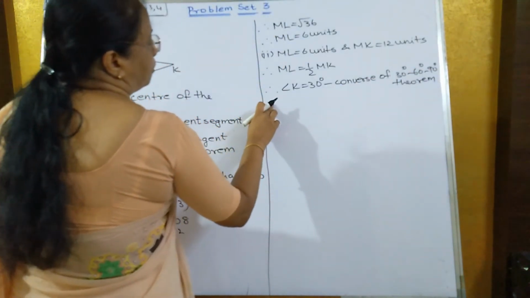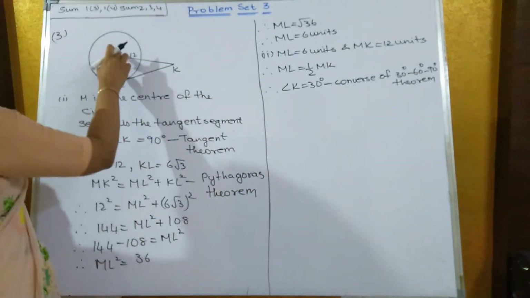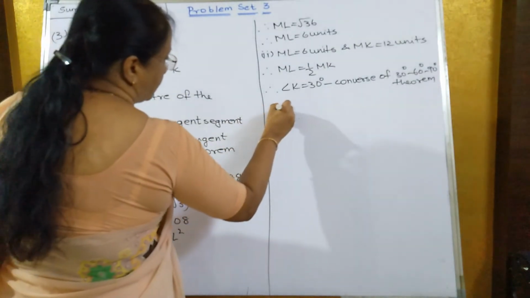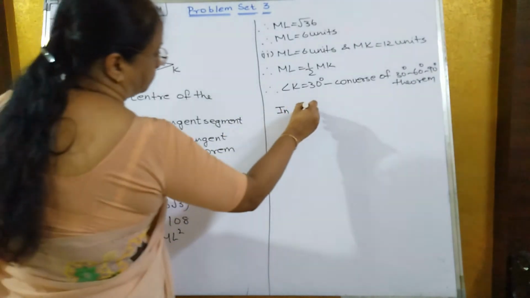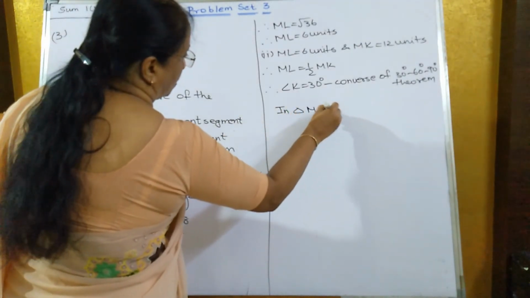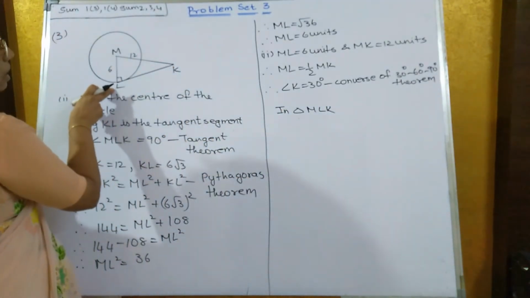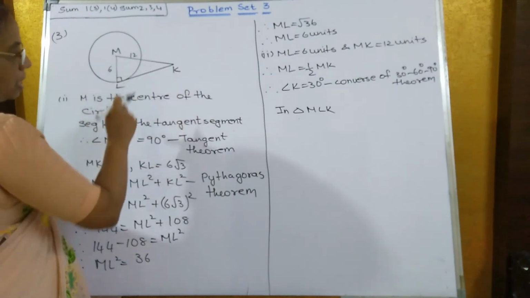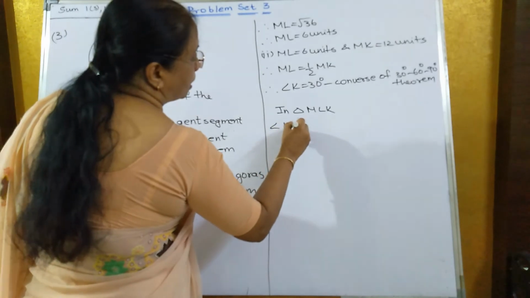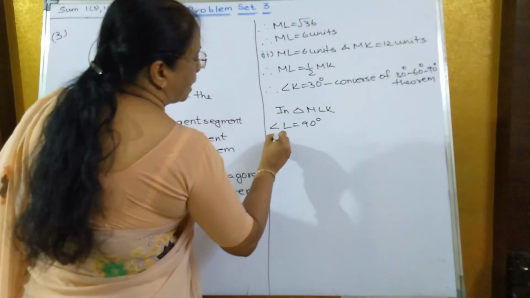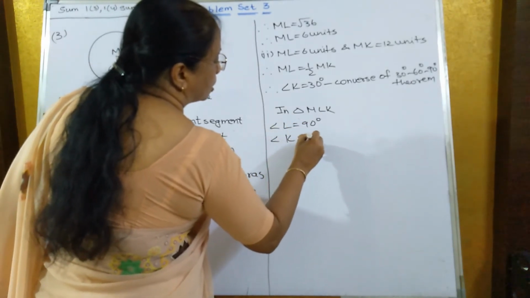Now we have to find out angle M. So this angle we have to find out. So in triangle MLK, we have already got angle L equal to 90 degree and angle K equal to 30 degree.